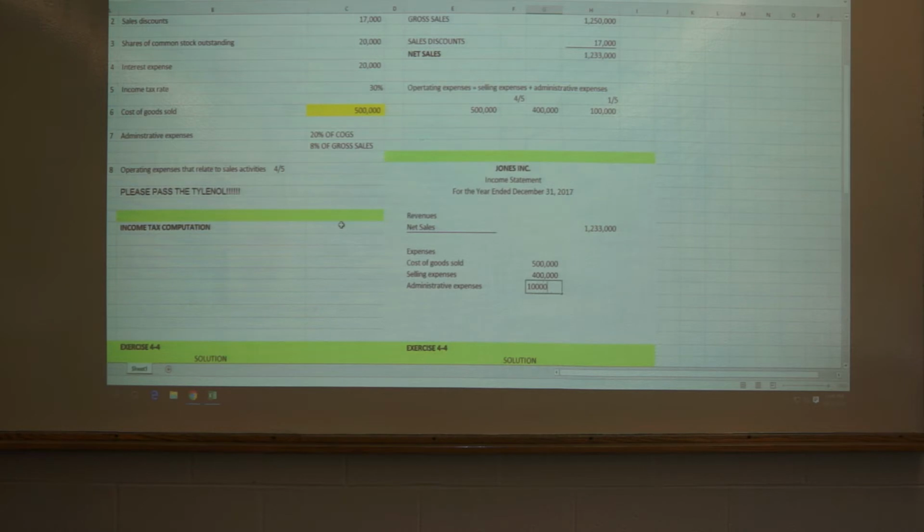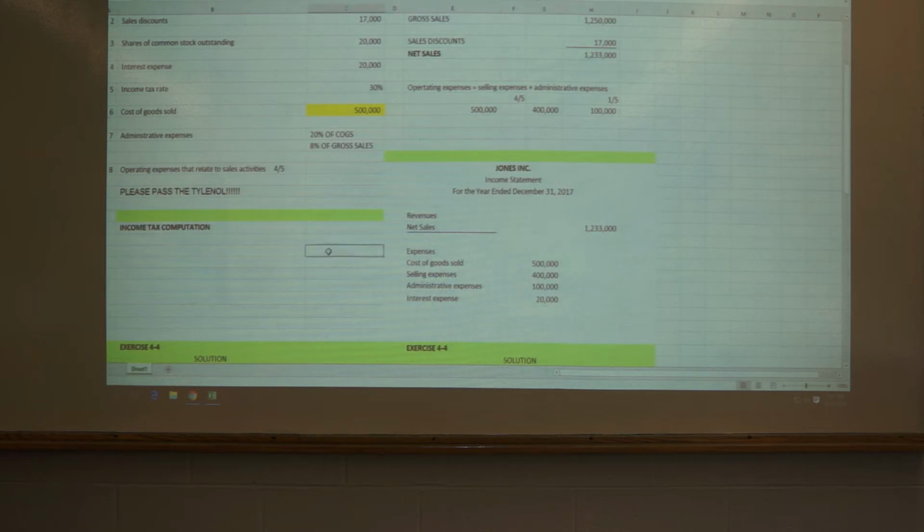Administrative, 100,000. And then, what else do we have? We have interest expense of 20,000, and we have to compute the tax.